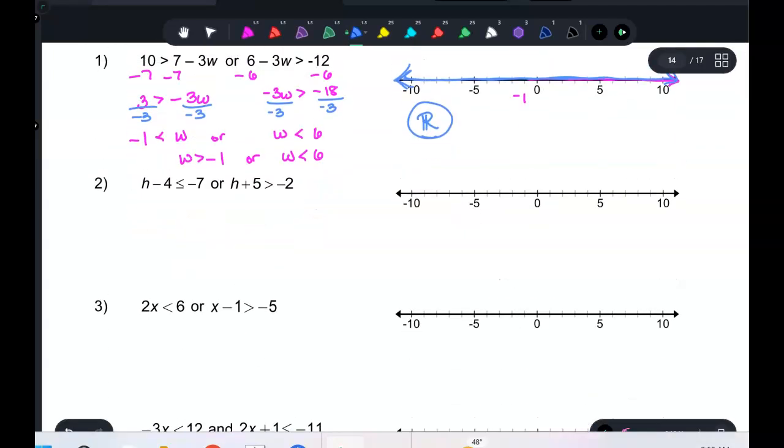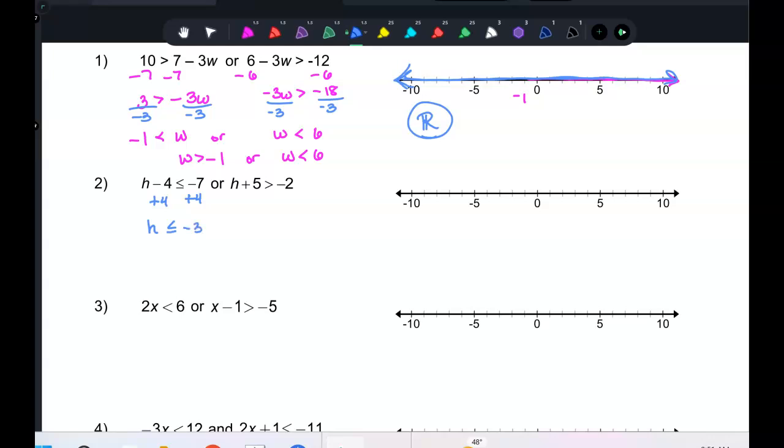Okay, let's try number 2. Anybody want to help me out with number 2? Eli, go ahead. What do we want to do first? Plus 4 on both sides. So h is less than or equal to negative 3. Plus 5 on both sides. Or minus 5. So h is greater than -7.